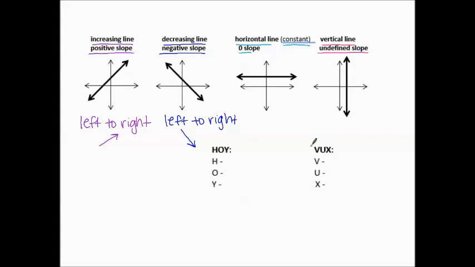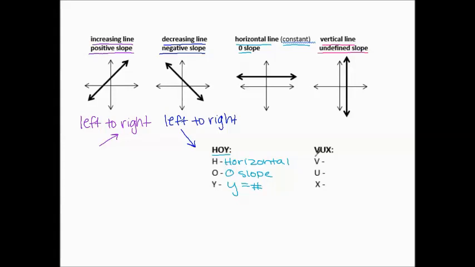And these two, it can be helpful to remember these acronyms, we've talked about this before. HOY, H stands for horizontal. O is 0 slope. And a y means it's a y equals equation. Y equals a number.